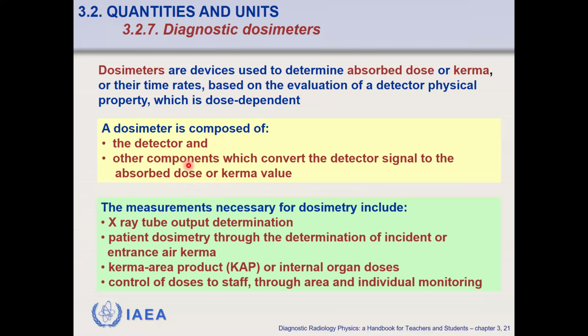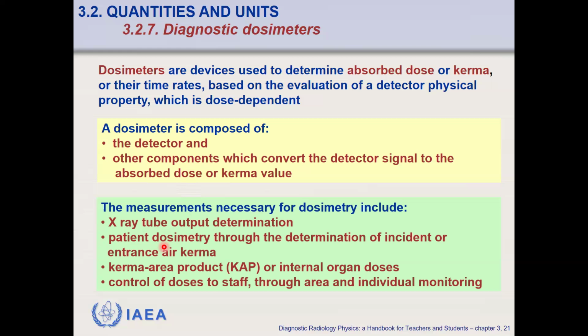The measurements necessary for dosimetry include X-ray tube output determination. So dosimeters measure the output of the X-ray tubes in diagnostic radiology to ensure the delivered radiation is within safe and effective limits. Also, we can include patient dosimetry.